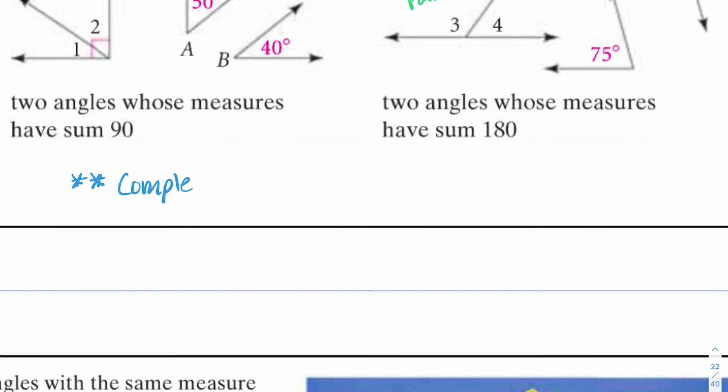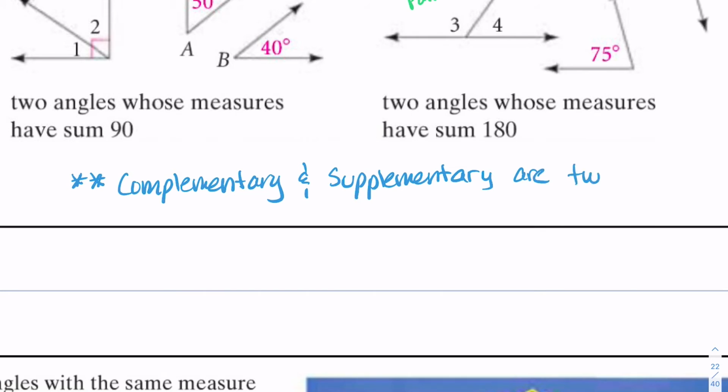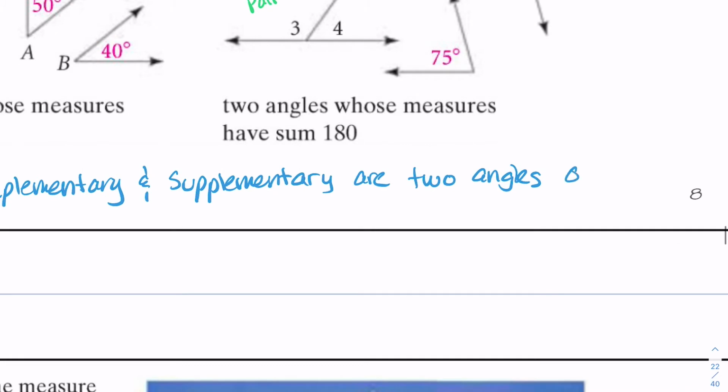Complementary and supplementary are two angles only.